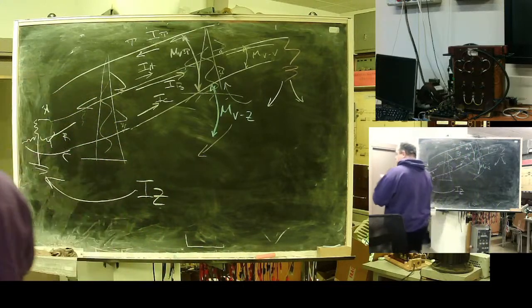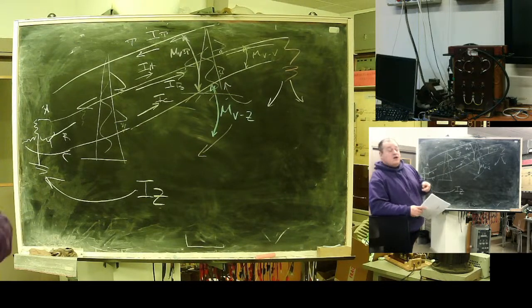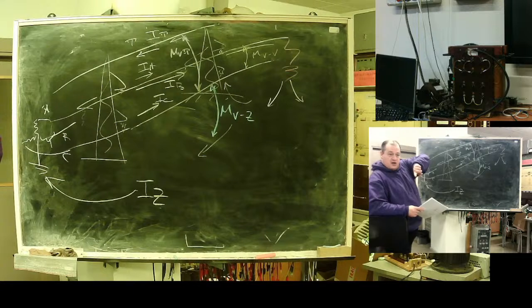So you will see three inductances via wire, three inductances via protective cable, three mutual inductances via ground current, and inductance of protective cable and ground.